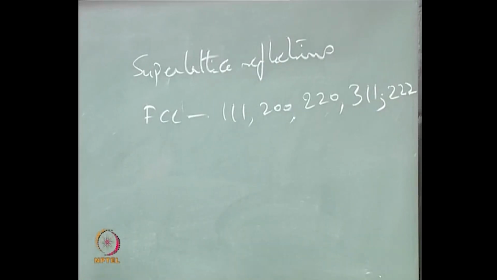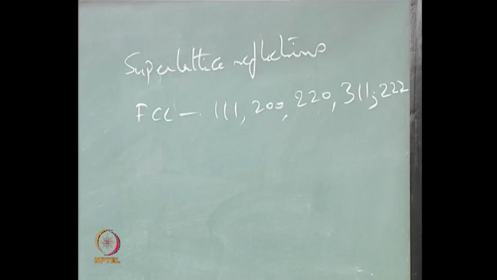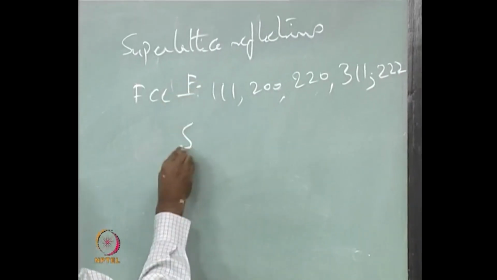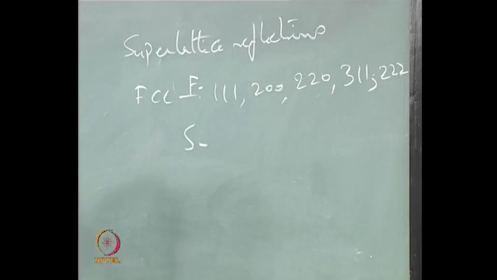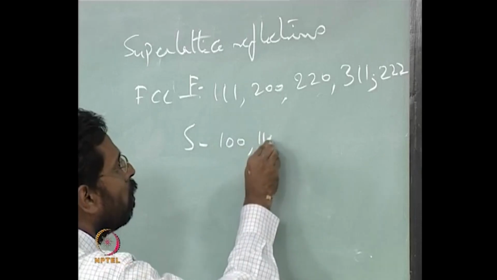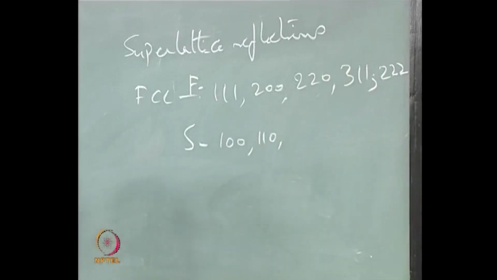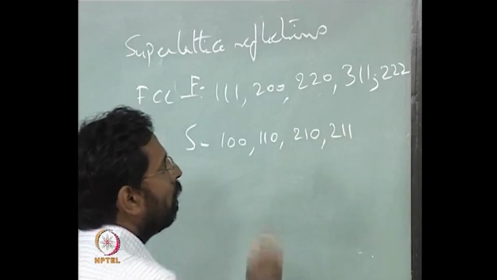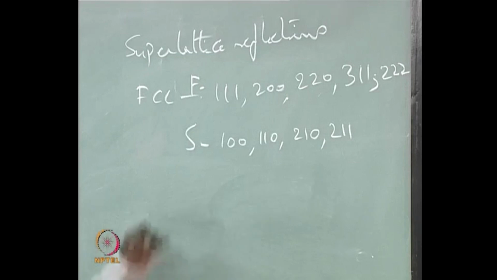These are what are called the fundamental reflections, that means allowed reflections. And what are the superlattice reflections? You can have 1 0 0, you can have 1 1 0, you can have all others, whatever is not possible. Okay, for example, you can have 2 1 0, 2 1 1, all of them which do not exist in this list.